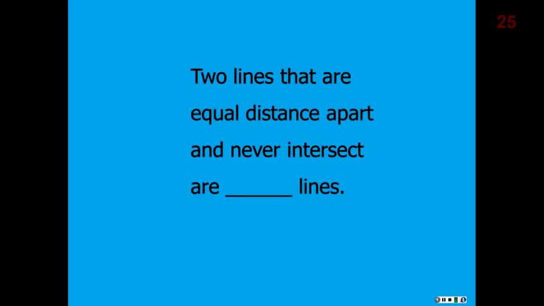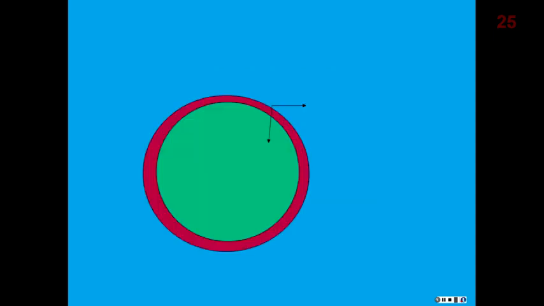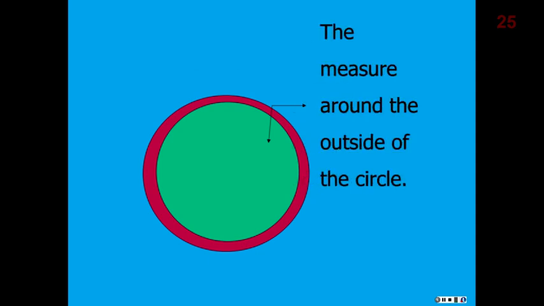Okay, two lines that are equal distance apart and never intersect are what kind of lines? Parallel, yes. Okay, you've got a circle here. The measure around the outside of the circle is called what? Circumference.